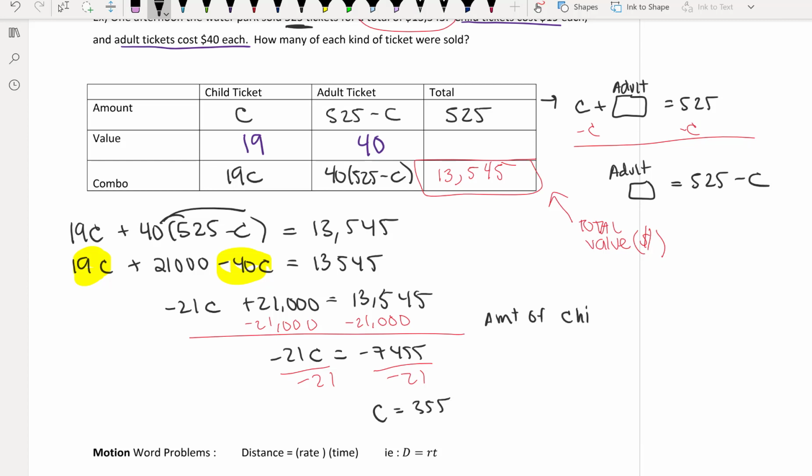So the amount of child tickets is going to be 355.